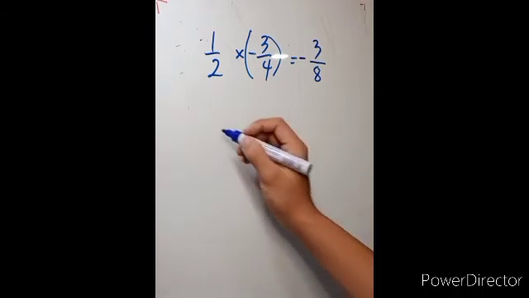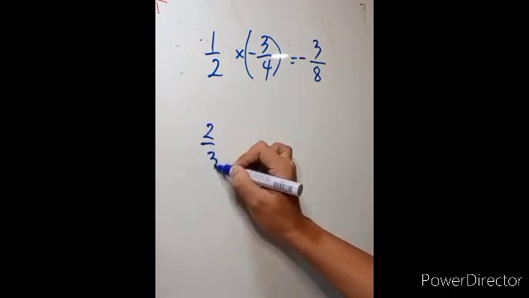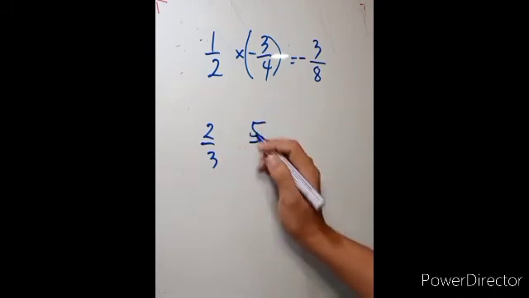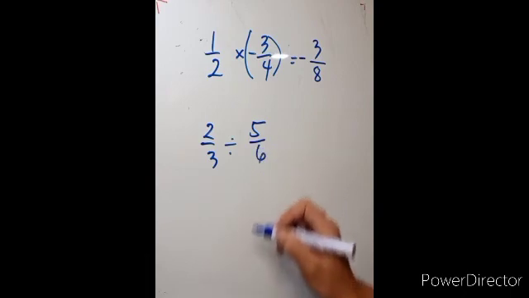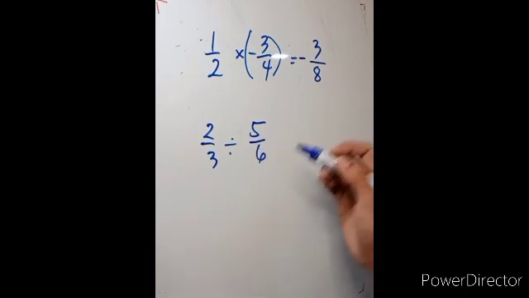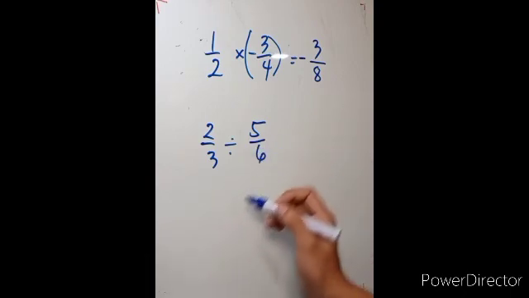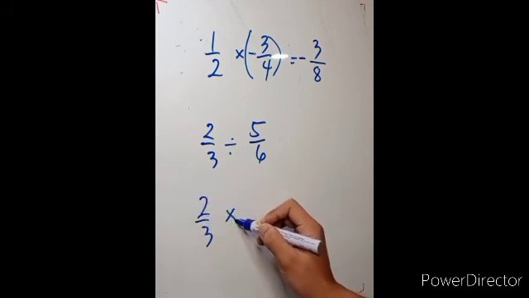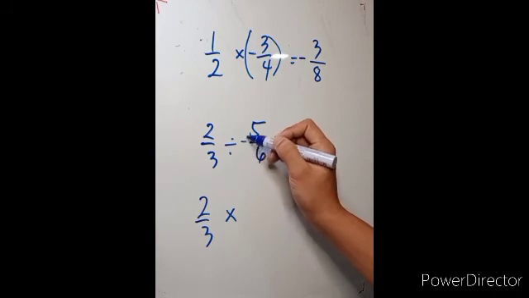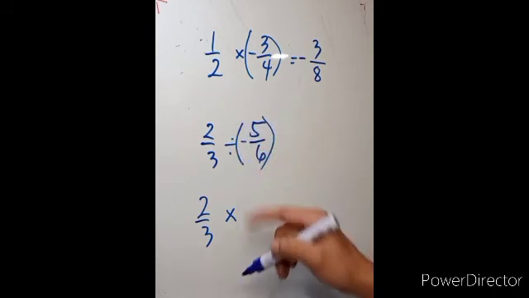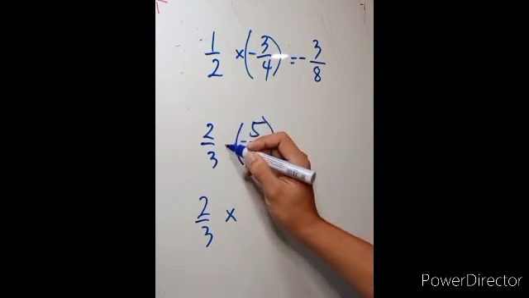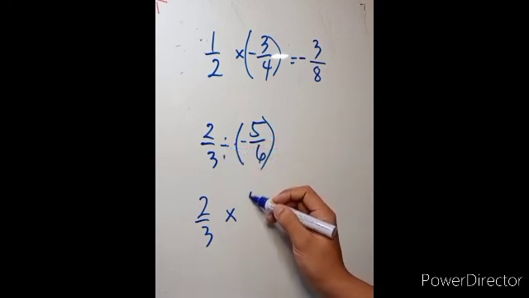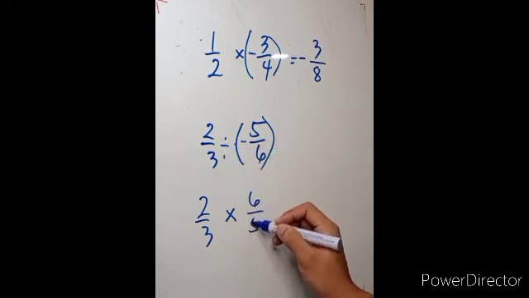For example, 2 over 3 divided by negative 5 over 6. So, ang rule natin is we will find the reciprocal of the divisor. So, 2 over 3. Tapos, magiging multiplication, di ba? So, gawin natin negative ito. So, negative 5 over 6, babalik rin natin magiging 6 over 5.